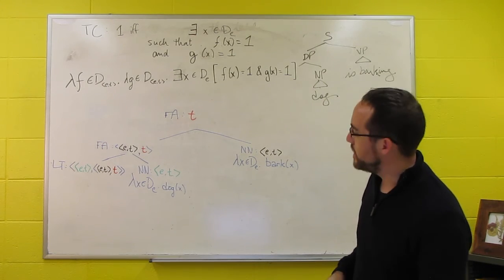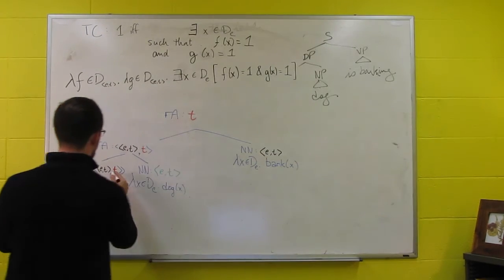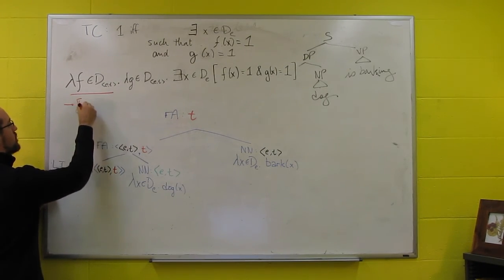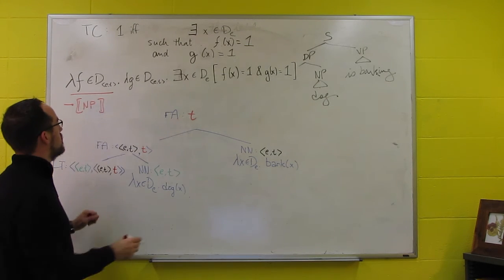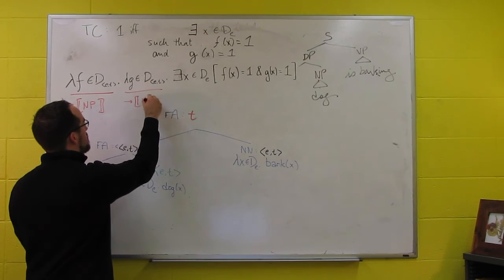Now you'll notice something peculiar here. The first argument is essentially going to be the meaning of the NP. That's going to work no matter what. And this is going to be, for now at least, the meaning of the VP.